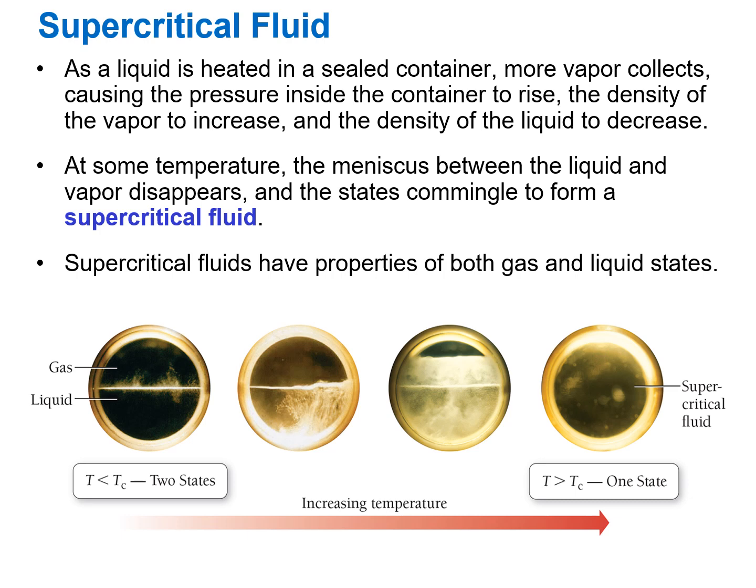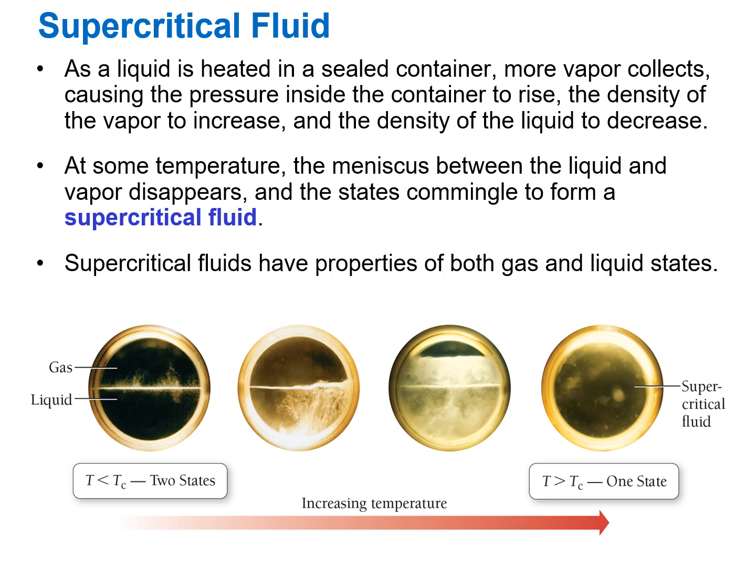until we reach this supercritical fluid off to the right. So as the liquid is heated in this sealed container, more vapor collects, causing the pressure to increase, and then the density of the vapor will increase, and at the same time the density of the liquid is going to decrease. And then there's going to be this magical moment, at the critical temperature, where the meniscus is going to disappear between the liquid and the vapor, and that's when you will have achieved the supercritical fluid.